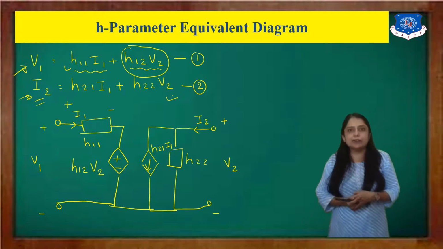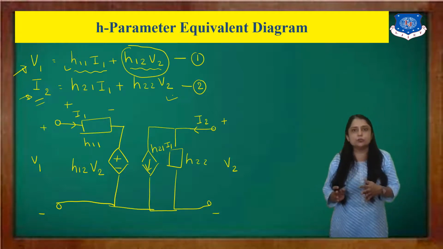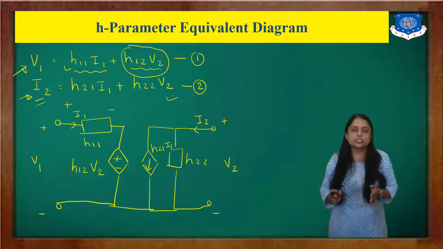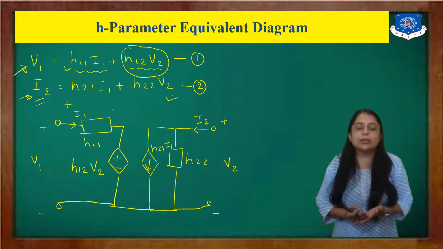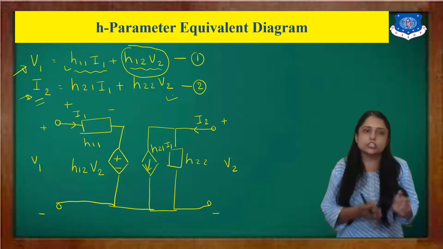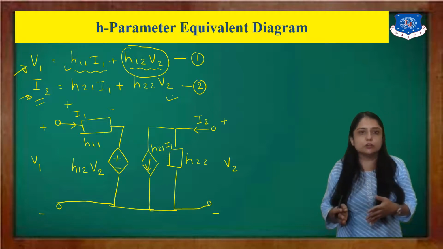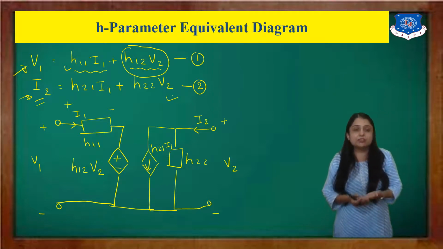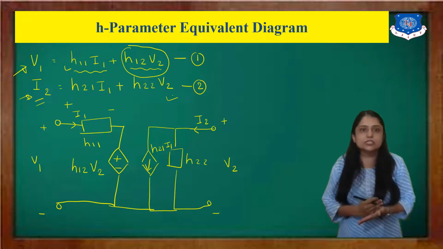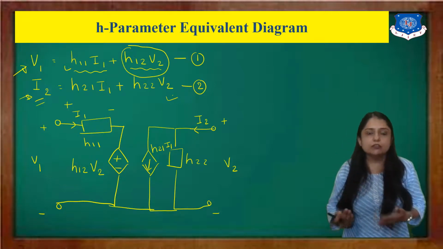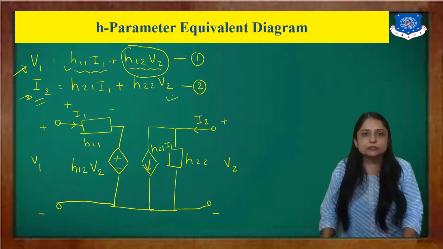See, if it is a Z parameter, then at input and output side we have a series connection. In case of Y parameter, we have a parallel connection at input as well as output. But the H parameter is known as a hybrid parameter. So input side we have a series connection, output side we have a parallel connection.